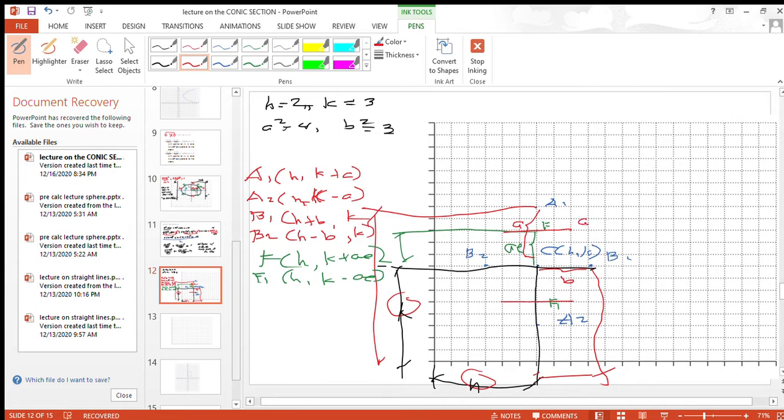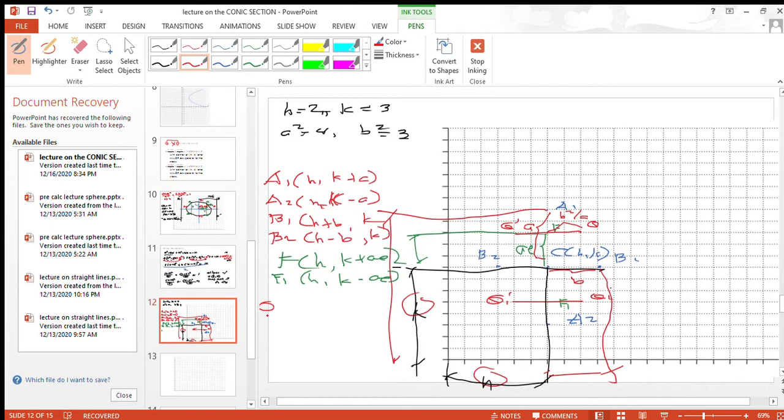You can now label this as Q, Q prime, Q1, and then Q1 prime. So what do we know? F to Q is B squared over A. So that's four points. You have Q, Q prime, Q1, Q1 prime, the ends of our lateral recta.